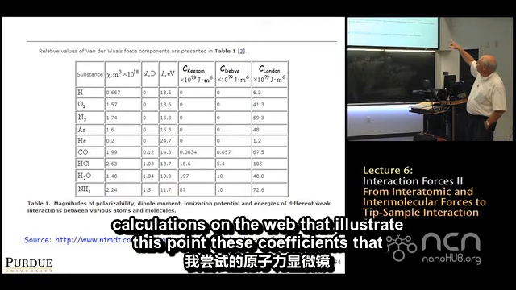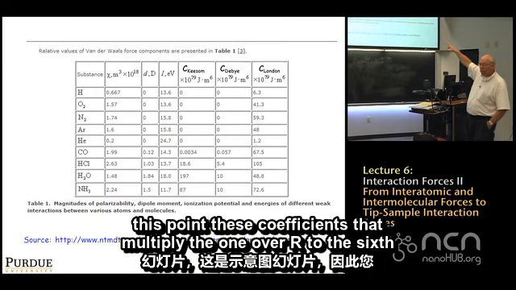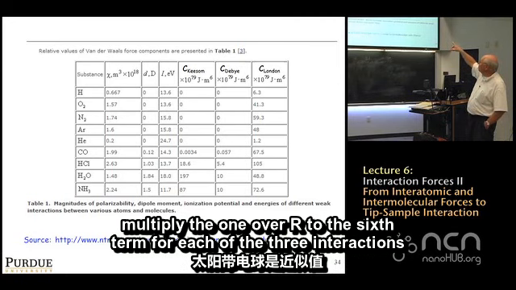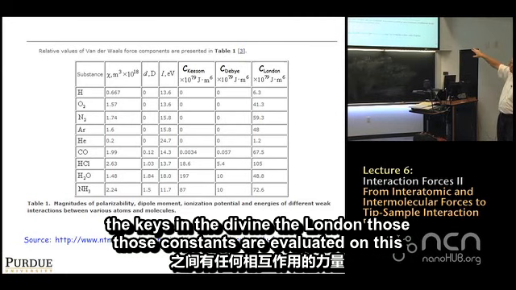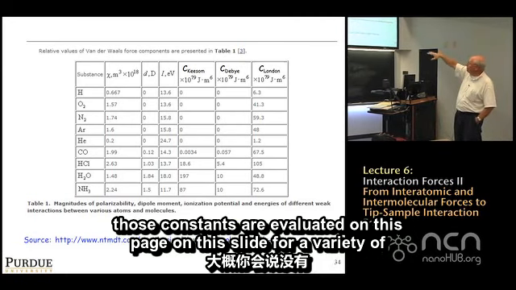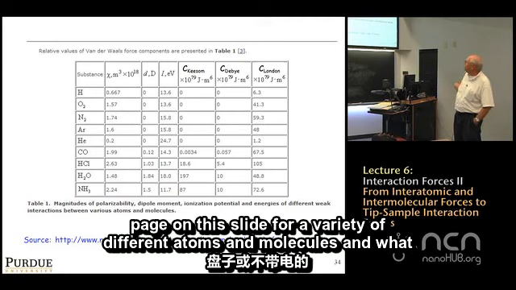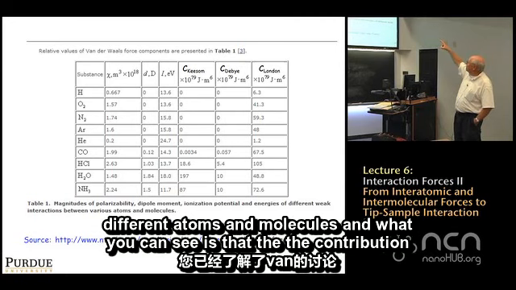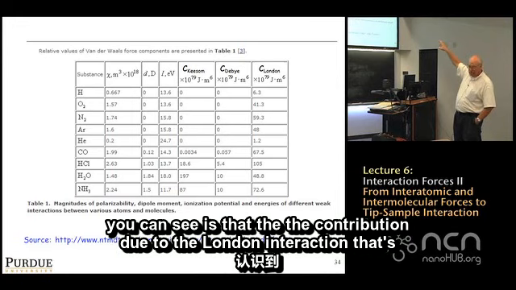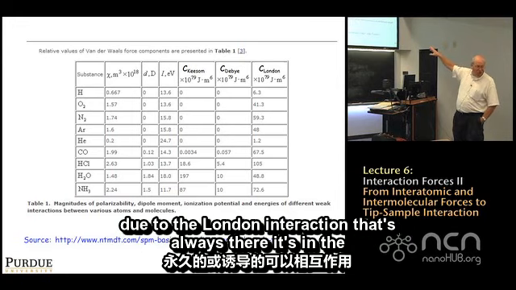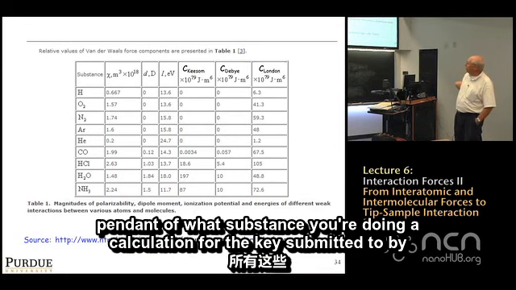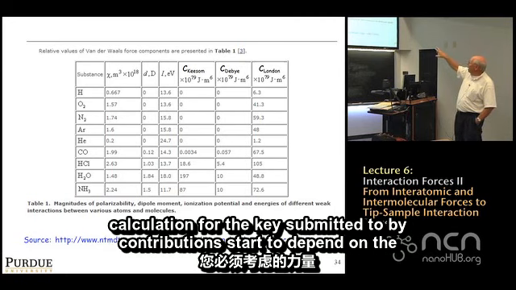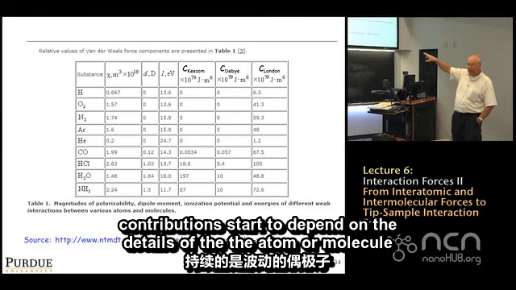These coefficients that multiply the 1 over r to the 6th term for each of the three interactions, the Keesom, the Debye, and the London, those constants are evaluated on this slide for a variety of different atoms and molecules. And what you can see is that the contribution due to the London interaction is always there. It's independent of what substance you're doing a calculation for. The Keesom and the Debye contributions start to depend on the details of the atom or molecule you're dealing with.